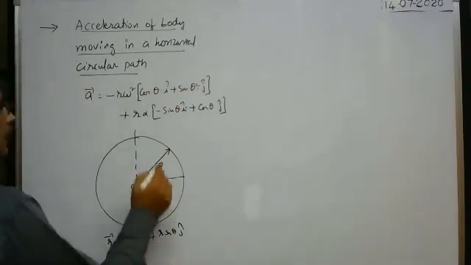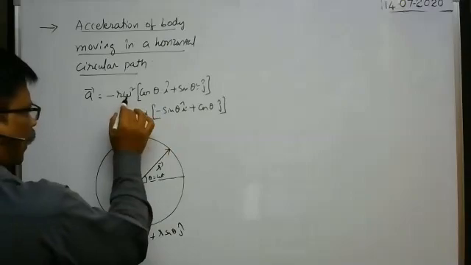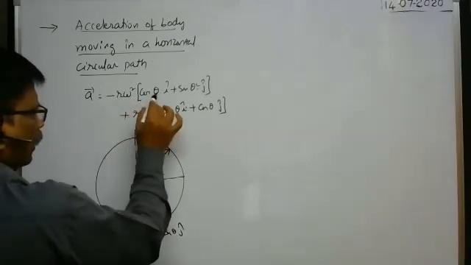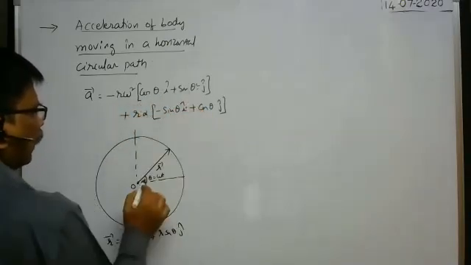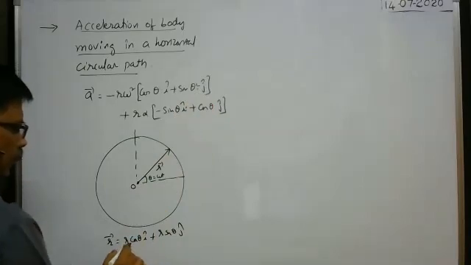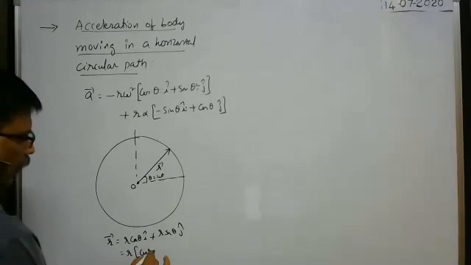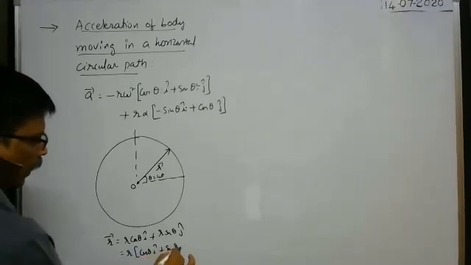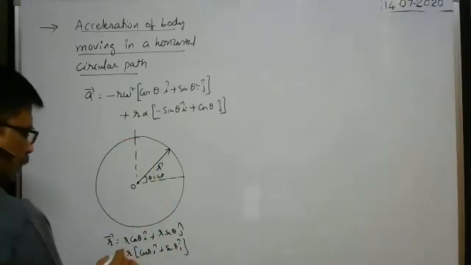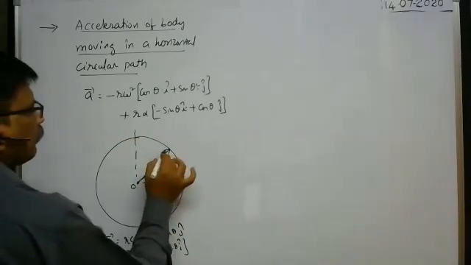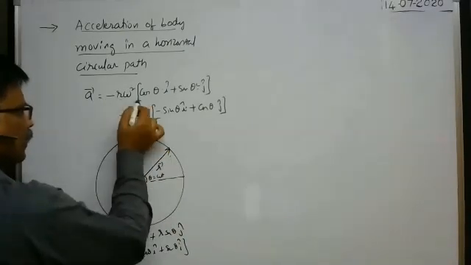Okay, you see here, this is minus r omega square into cos theta i cap plus sin theta j cap. R of cos theta i cap plus sin theta j cap is a vector lying along the radius vector, in this direction. But minus is there.